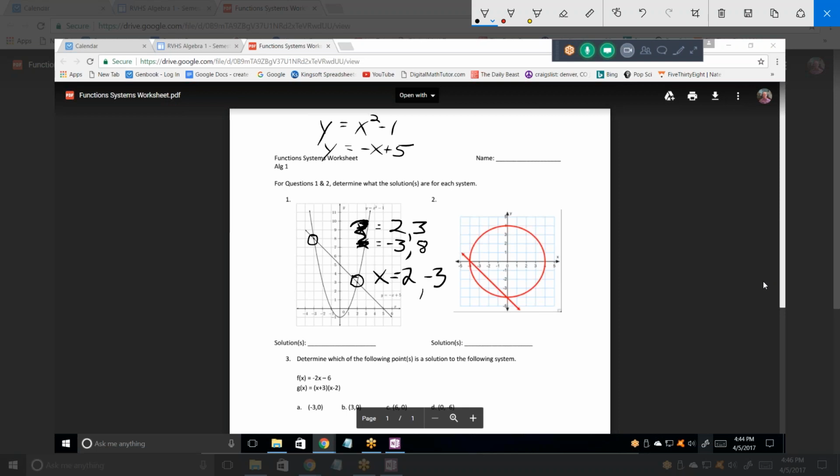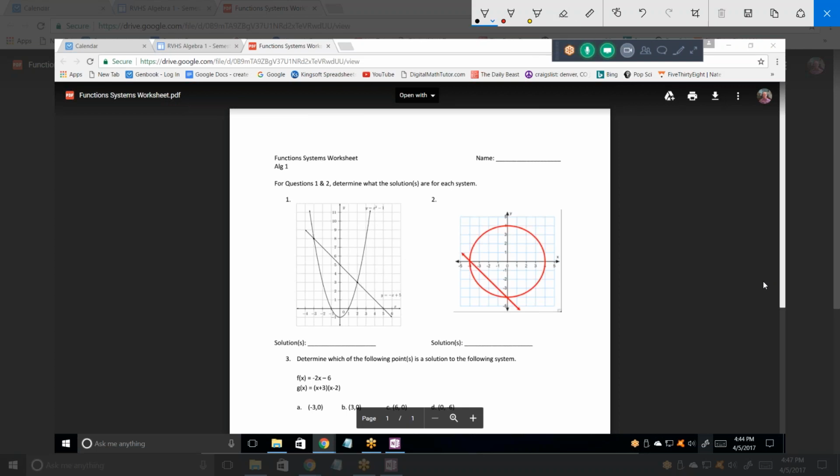Well, I have to go back in and plug in the 2 to see what y is, and y would have been 3. And then I got to plug in the minus 3 to give me a y of 8. And this solution set is exactly that. It's not 4 separate numbers. It's (2, 3) is one solution, and (minus 3, 8) is another solution. All right.